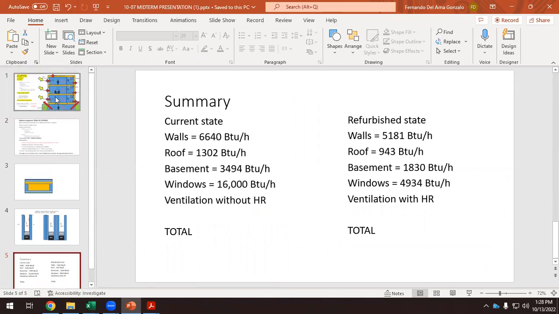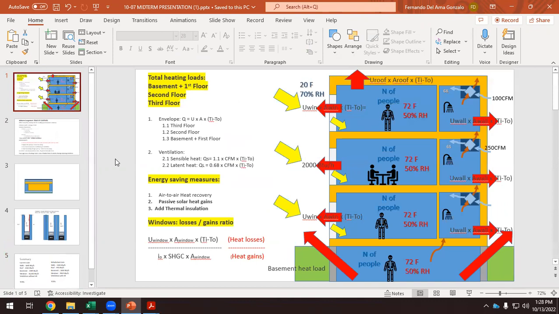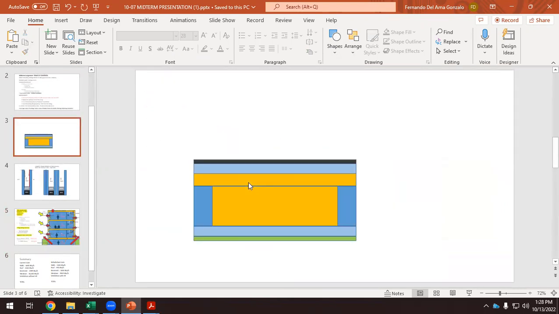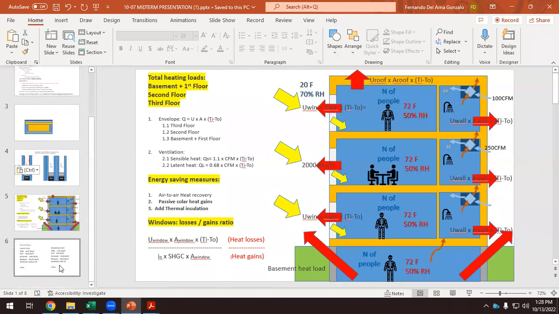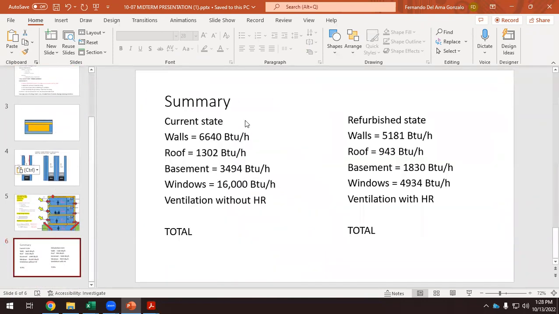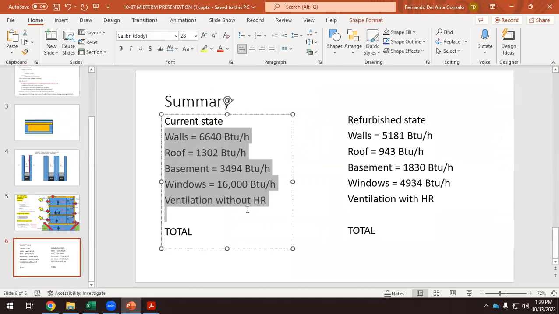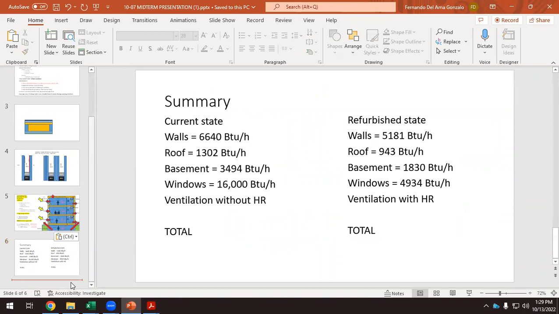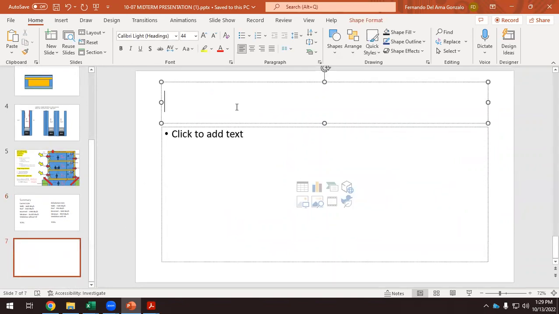Now we need two pages like this: one for the original and another for the refurbished. Then this is the summary. The original building, your first analysis, is this with the total, and your second analysis is this with the total. And finally, if it doesn't fit here, we have to calculate the savings.